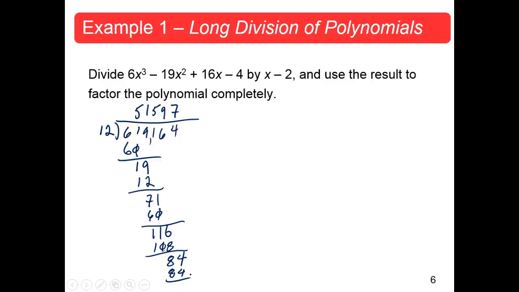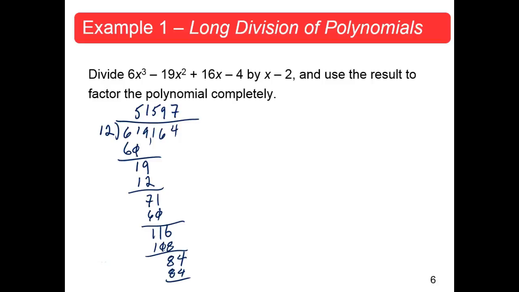No remainder. What does that mean? That 12 is a factor of this. 12 times this equals that. It factors into that exactly. If you had had a remainder here, 2, 7, anything else, then that wouldn't have gone into there a whole number of times. It wouldn't have been a factor, right?